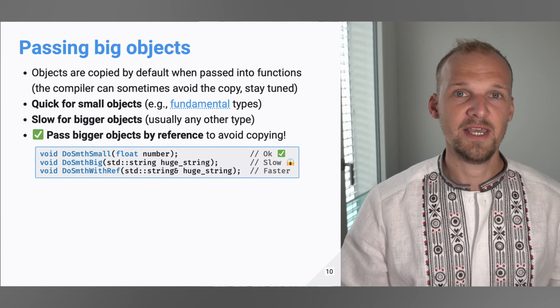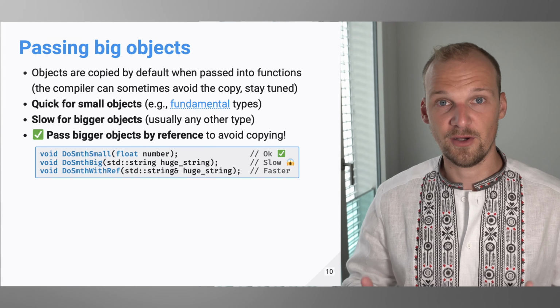One of the most important things that you see beginners especially do wrong is treating big objects when we pass them into functions. This is one of those things in C++ that is not very beginner friendly, but once you understand this, it's not really hard. Generally speaking, in C++, every object that you pass somewhere is copied by default.